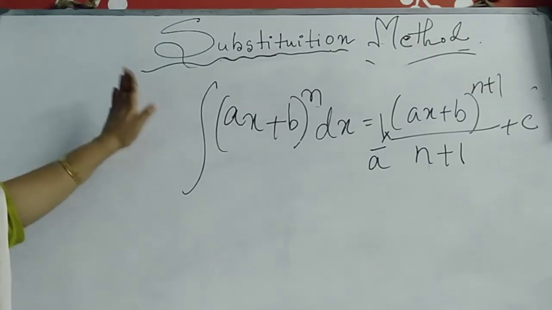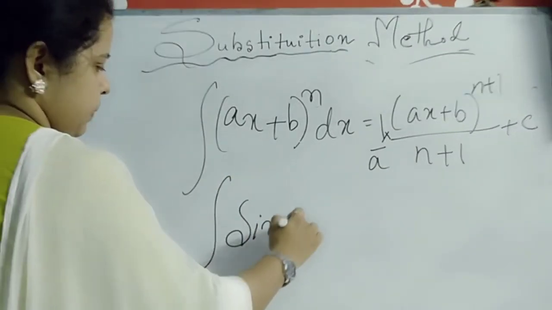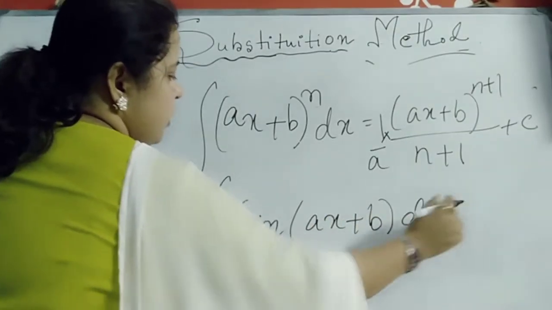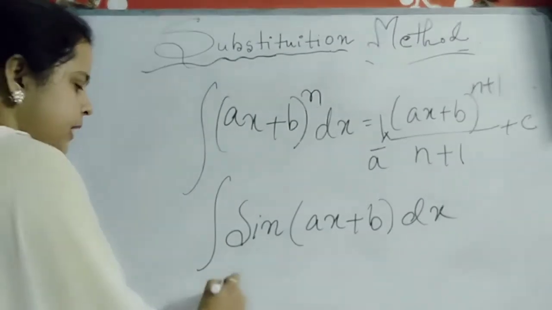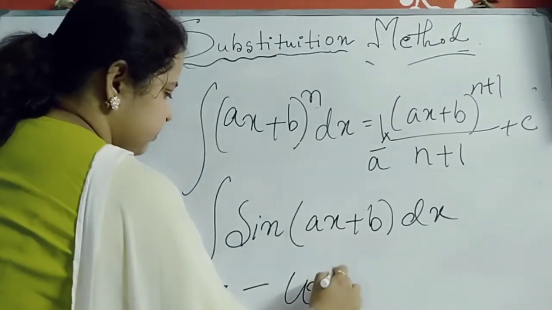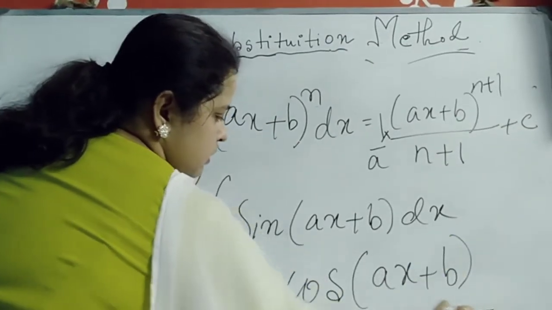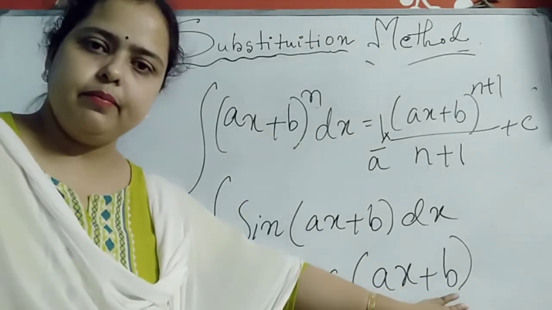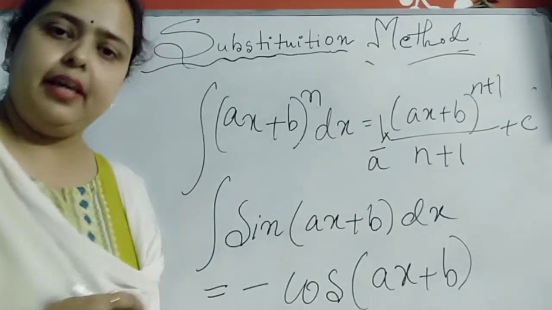Okay, so like this, if it is sine, say sine of (ax + b) dx is there. We know the integration of sine x only is minus cos x plus c. But here, let us write down first minus cos of ax plus b, because with sine, the function here is ax plus b.